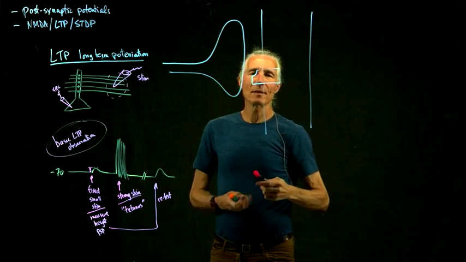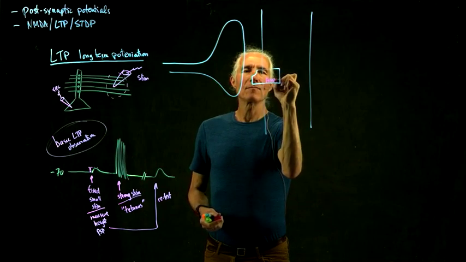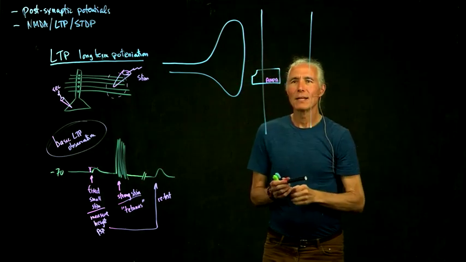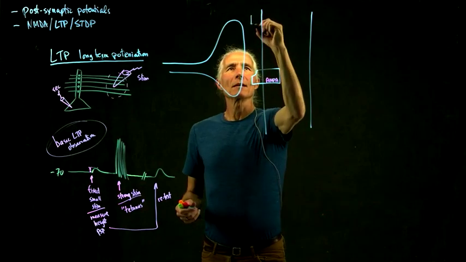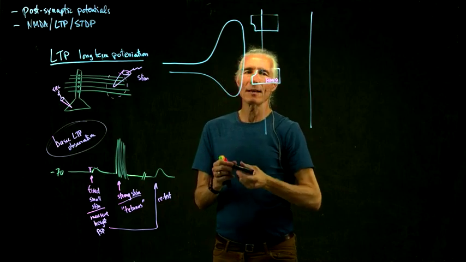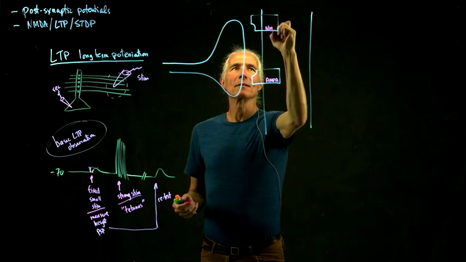This guy's the AMPA channel. So it turns out that LTP involves an interplay between the AMPA channel and the NMDA channel. And here's the NMDA channel. Remember, they're both glutamate-gated channels. Glutamate is the neurotransmitter for both of these.